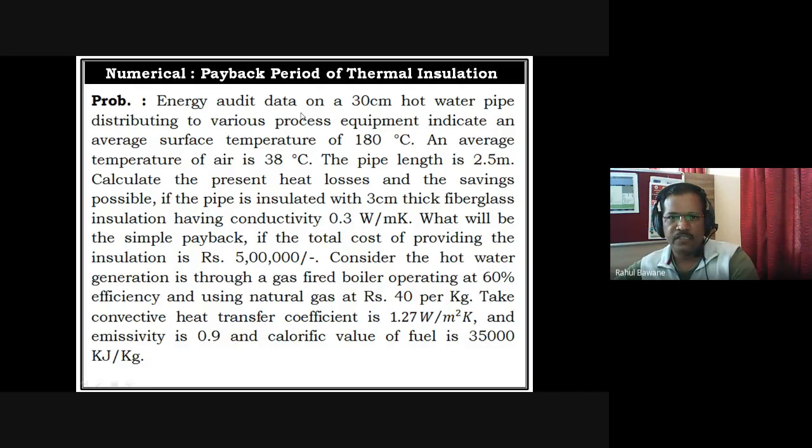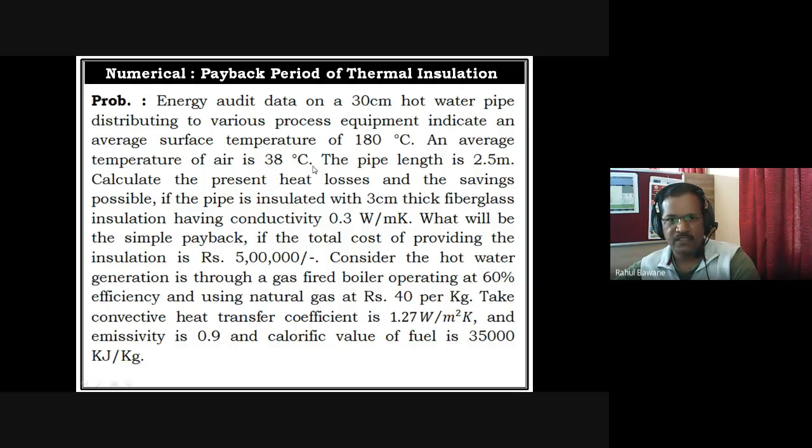Energy audit data on a 30 centimeter hot water pipe distributing to various process equipment indicate an average surface temperature of 180 degrees centigrade. So this is the outer surface temperature of the pipe. An average temperature of air is 38 degrees centigrade. So surrounding this pipe there is air at 38 degrees centigrade.